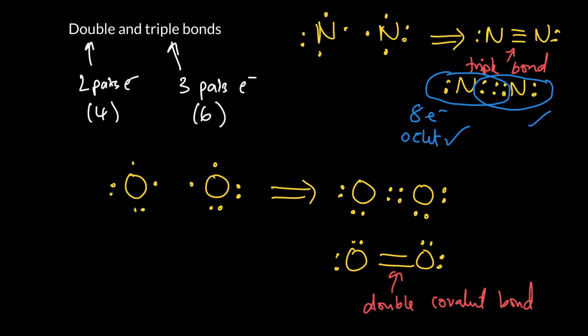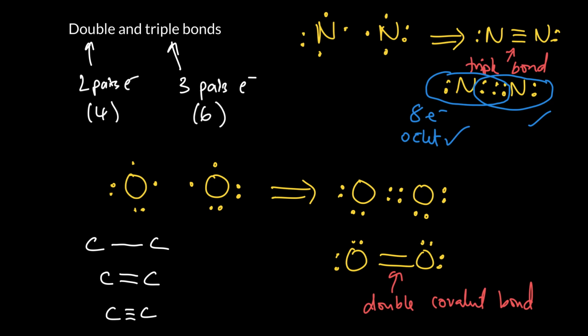Now, this is kind of interesting actually, because if you look at these different situations, we've met single bonds, we've met double bonds, and we've met triple bonds. And it turns out a single bond is actually the weakest kind of bond, and a double bond is a little bit stronger, and a triple bond is even stronger still. So you can imagine each bond acts like glue, and the more glue you use, the stronger it is.